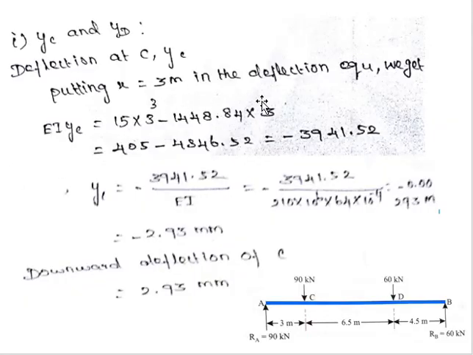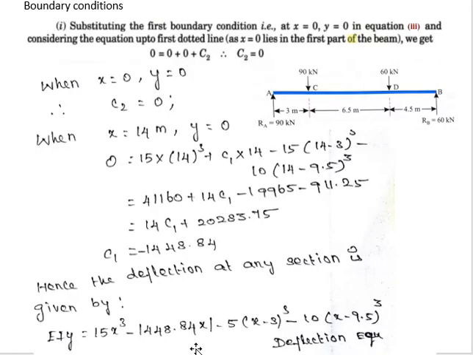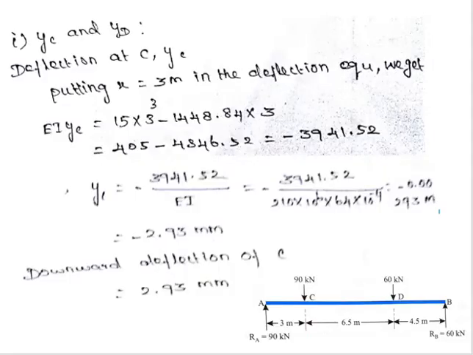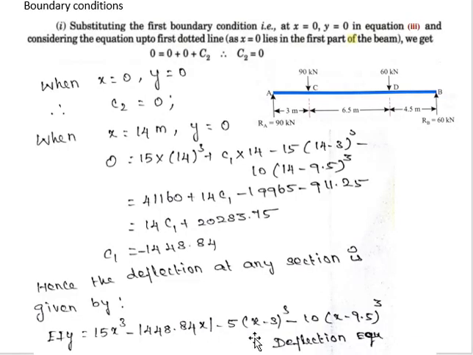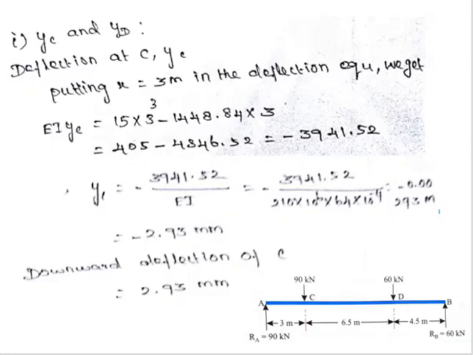EI into yC equal to 15 into x cube, so we take 15 into 3 cube, minus the C1 value 1448.84 into the x value 3 again. And the remaining terms, with x minus 3 and x minus 3, are fully 0. And we get the value finally here.